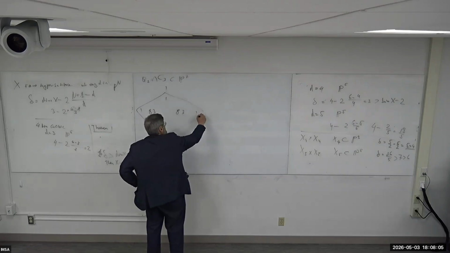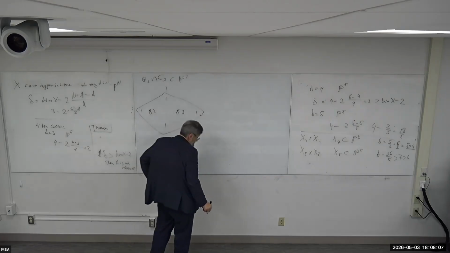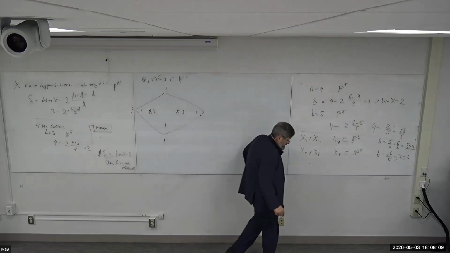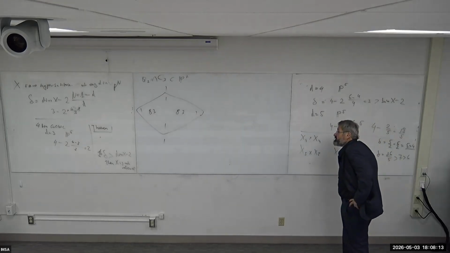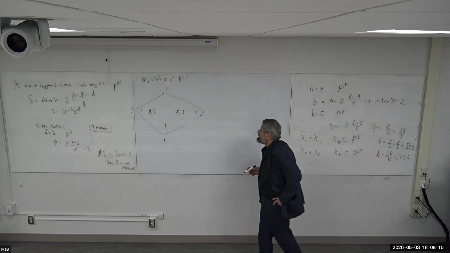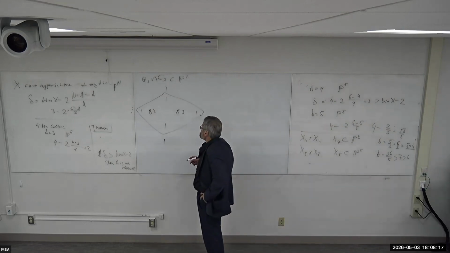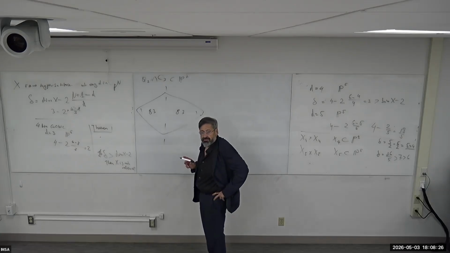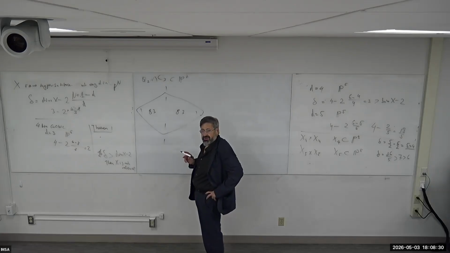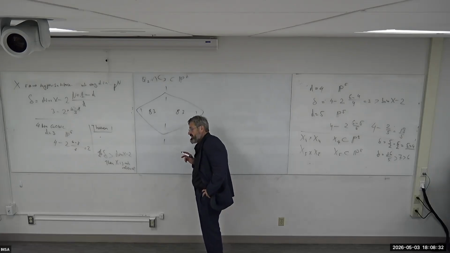This is a very famous one, especially for physicists, because this Hodge diamond is nothing else but the Hodge diamond of the mirror of a rigid Calabi-Yau, the rigid three-dimensional Calabi-Yau.